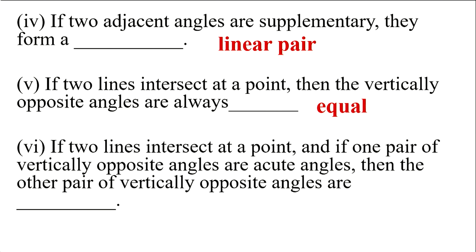Now, if two lines intersect at a point, and if one pair of vertically opposite angles are acute, then the other pair of vertically opposite angles are what? If one pair is already given, that is acute, and what will be the another pair of angles? Yes, you are right, they are obtuse angles.